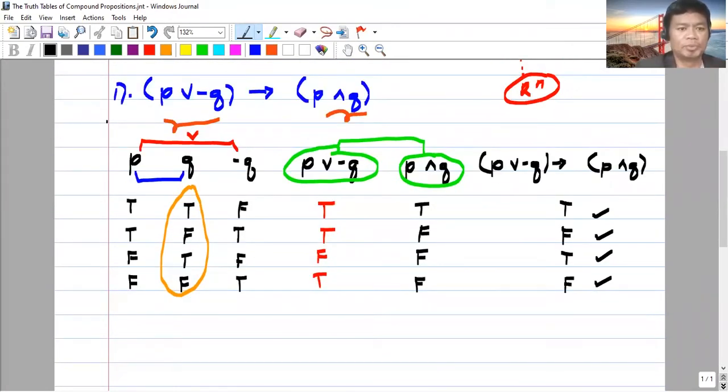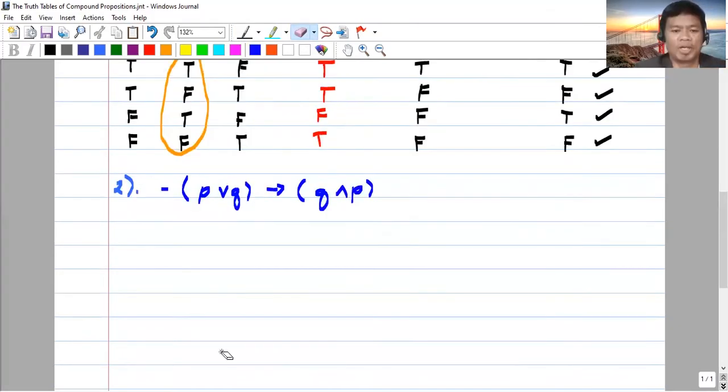The other one is number 2. We have not P or Q implies Q and P. Okay, the second one would be the negation of P or Q implies Q and P. Okay, so we have two variables and we expect 4 rows.